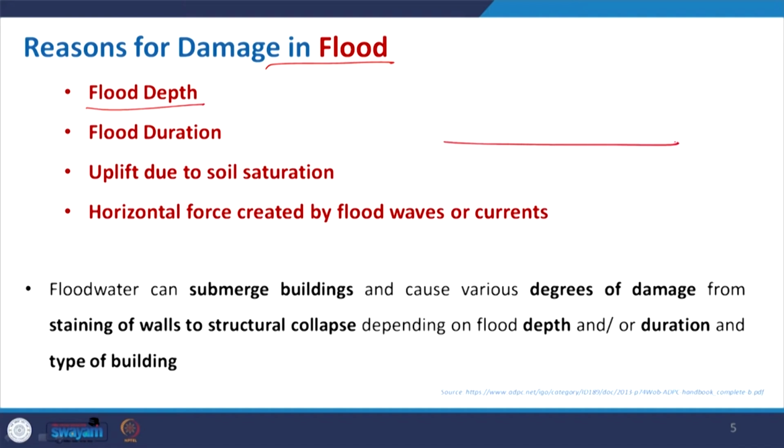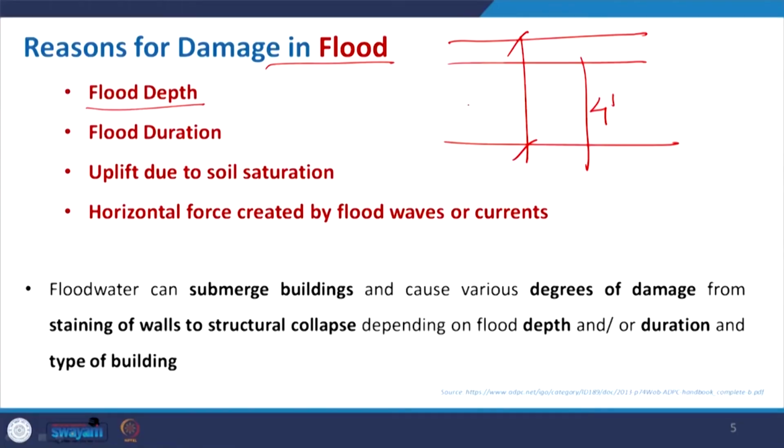So, if it is the surface level and the flood is say 4 feet or maybe 6 feet, whatever the depth, that will matter. Again it will depend on the slope that will decide the movement, that will also decide the velocity and the depth, and based on that, whatever the damage to the building, that may occur.